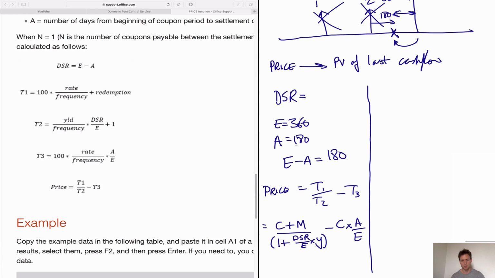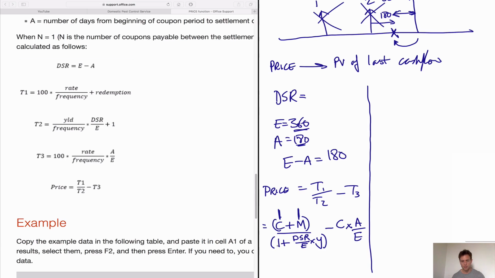A was 180 days already elapsed in the period, and E is 360. So that's your accrued interest. The front term is the total value of your last cash flow, because in any bond the last cash flow is always the last coupon payment plus the face value of the bond. So that's where that comes from.